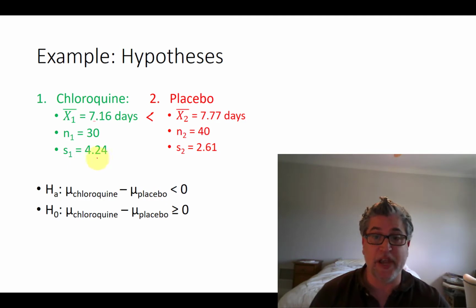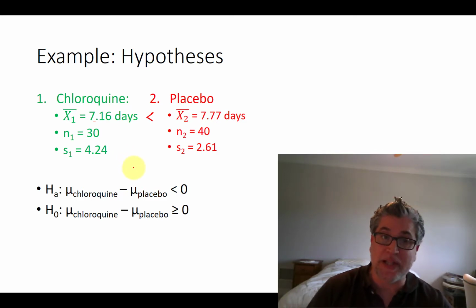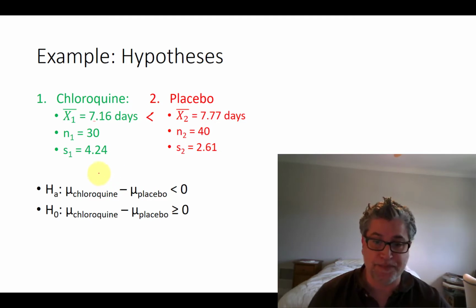So the standard deviation from the treatment group could be bigger than if you just do nothing. Regardless, there's no reason to think the variances between these two groups couldn't be different, and we need to account for that in our test statistic. We want to use the version that allows for different variances.